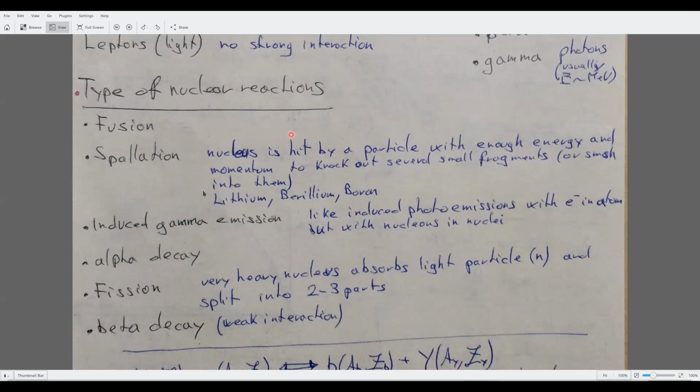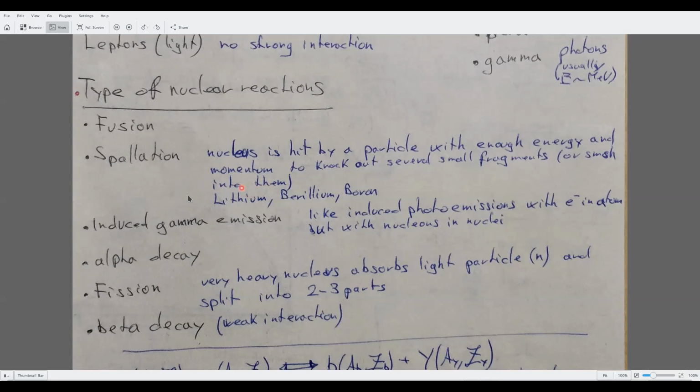Another interesting type of reaction is spallation, when the nucleus is hit by a particle with enough energy and momentum to take away some fragments, or smash it in parts.